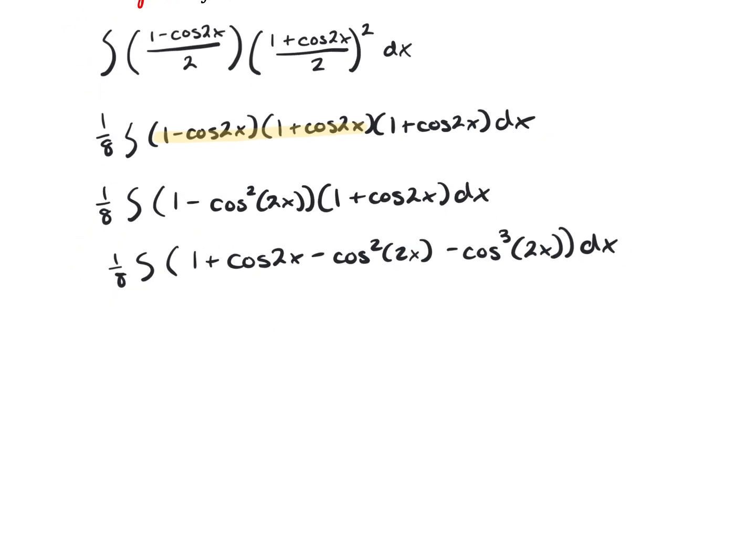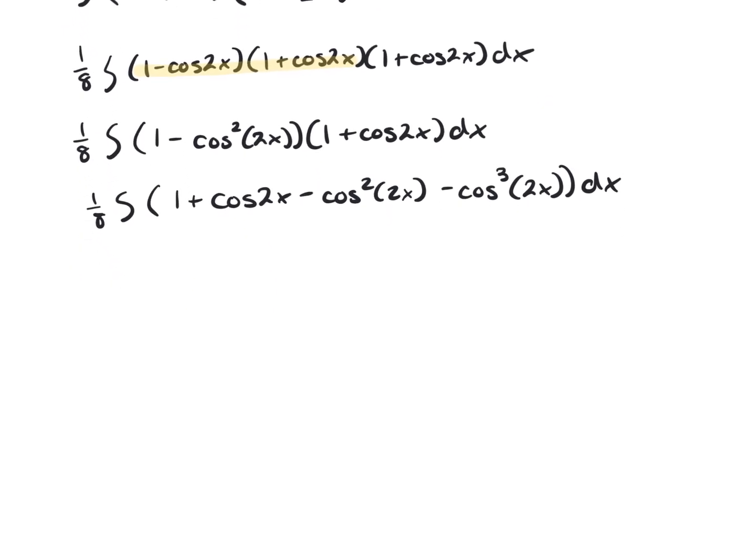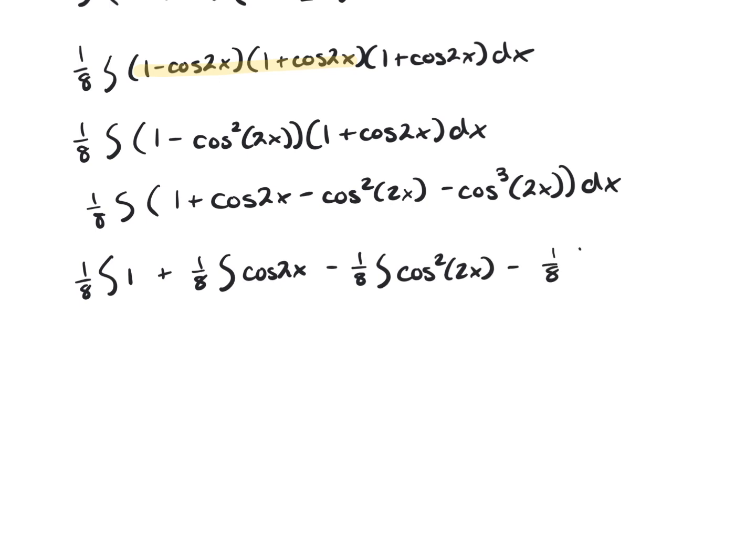All right, so from here, some of these parts I can integrate, some I still need to do a little more work. So I'm actually going to start splitting it up using my sum property of integrals. So I have 1/8 integral of cosine of 2x minus 1/8 times the integral of cosine squared of 2x, and then minus 1/8 times the integral of cosine cubed of 2x dx.